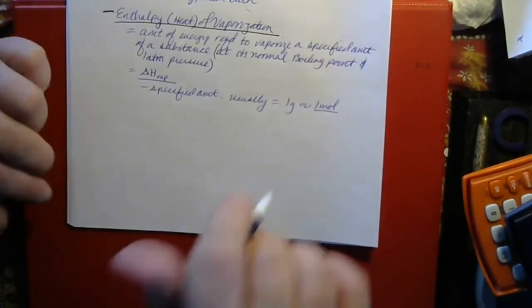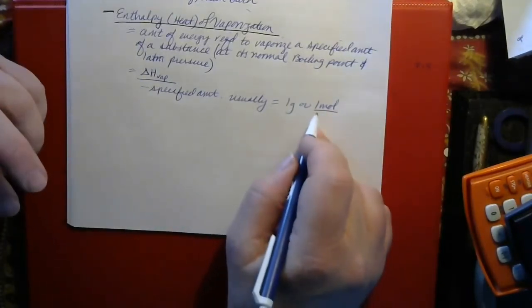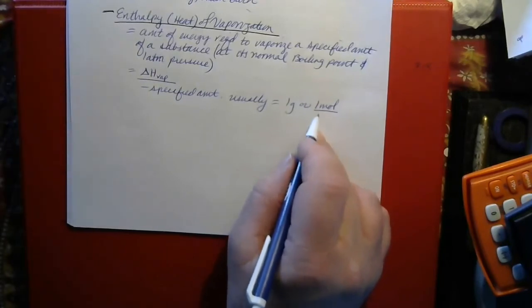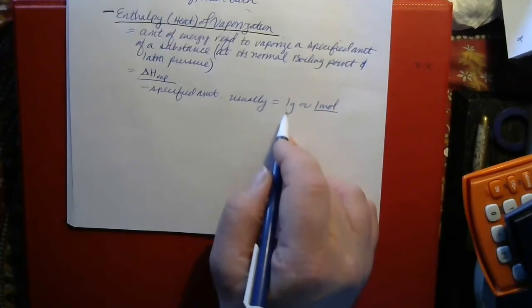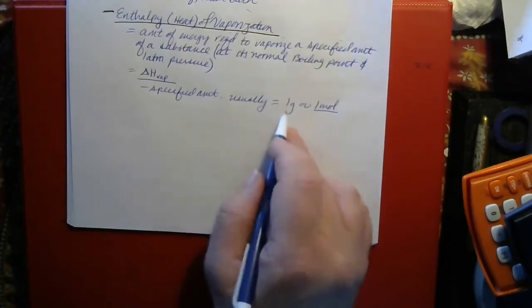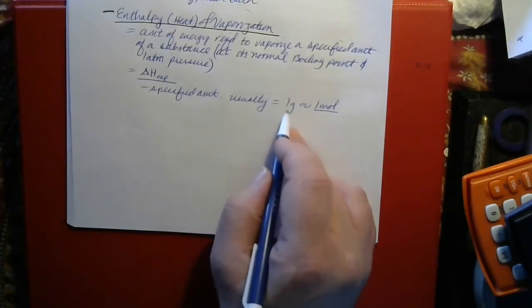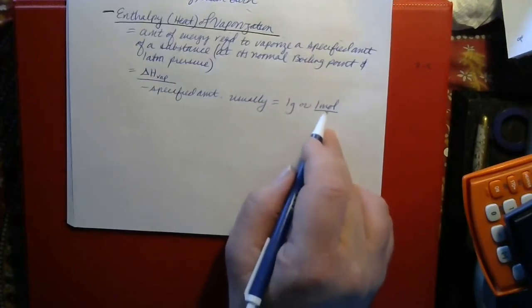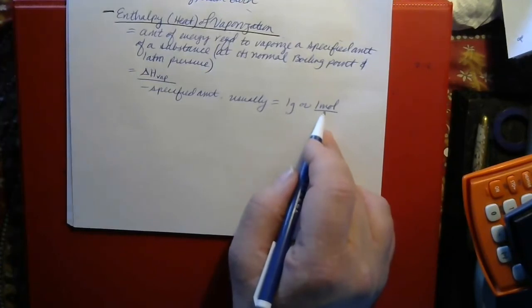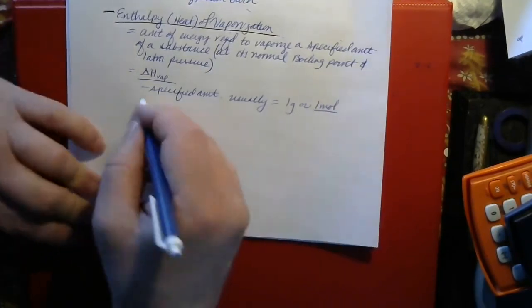I'm underlining 1 mole because that's the amount that the book seems to favor. Technically, enthalpy of vaporization would refer to 1 gram of the substance, and molar enthalpy of vaporization would refer to 1 mole, but not to get too technical about it.